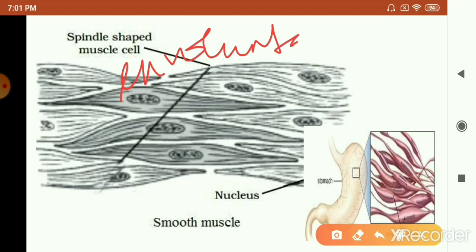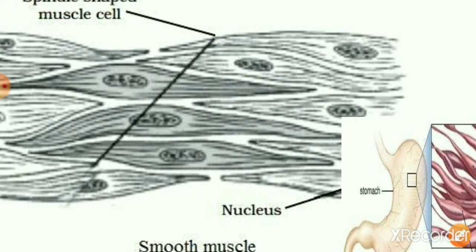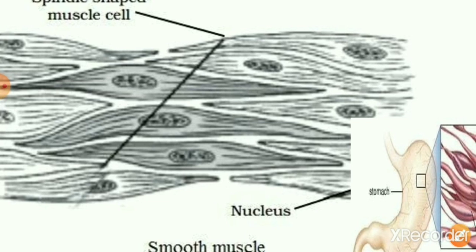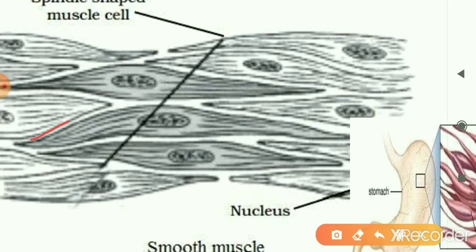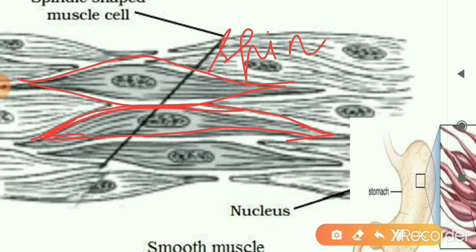Now, the involuntary muscles are also called smooth muscles. Have a look at the structure of the smooth muscle fiber. You find that each muscle fiber is elongated and it is pointed at both ends. This type of shape, where the ends are pointed and the center is broader, is called spindle shape. So muscle fibers are spindle shaped.